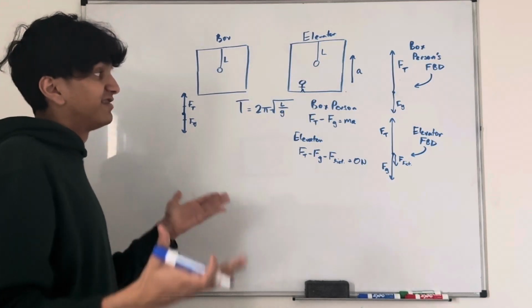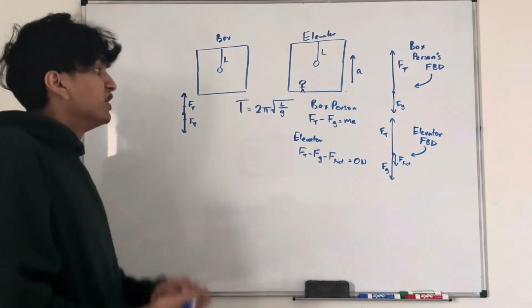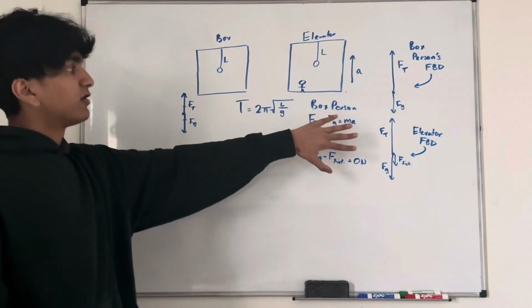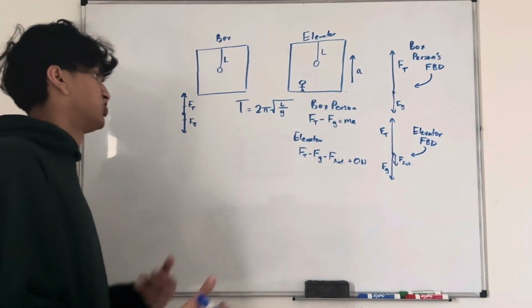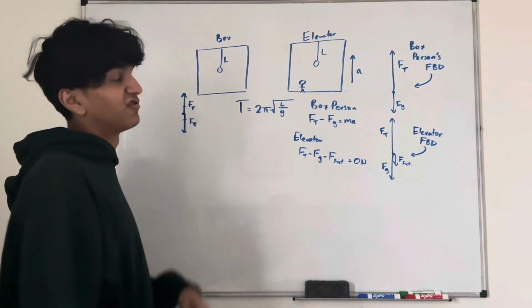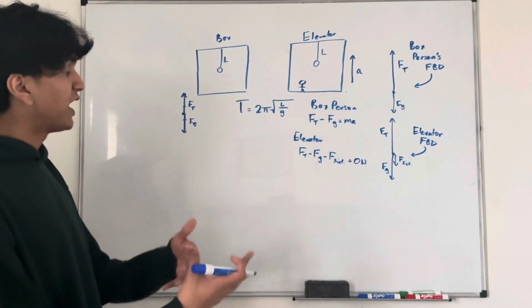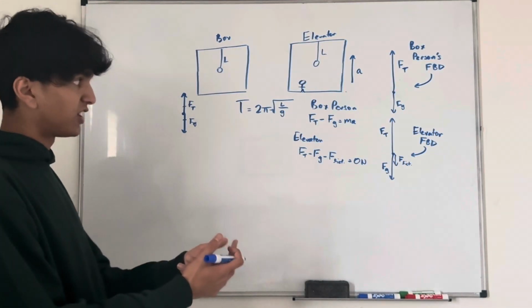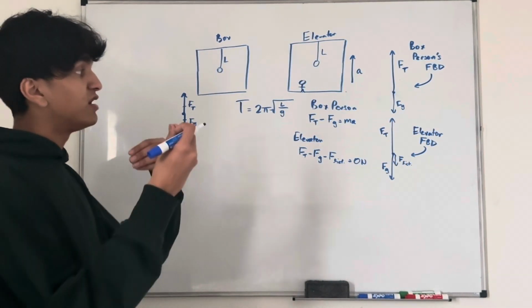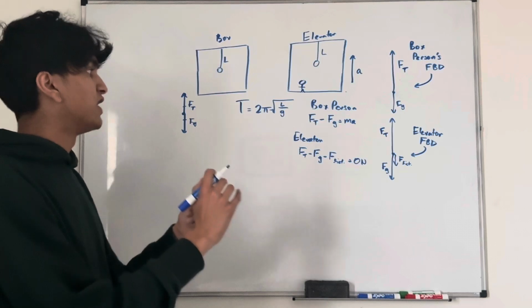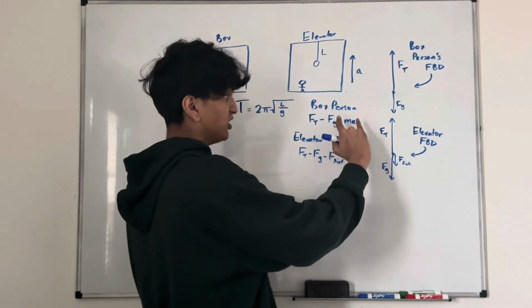What you could say is, okay, let's go back to the box person, right? He's like, okay, sure, this elevator guy thinks there's a fictitious force. If we had a fictitious force, it would need to be large enough to make the acceleration 0, right?